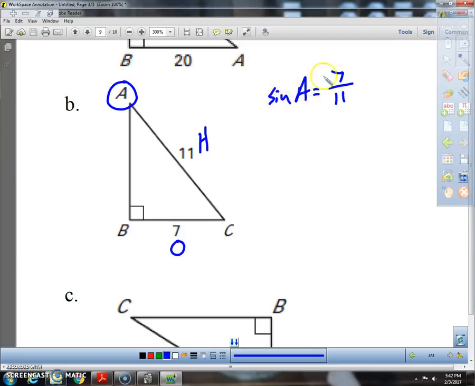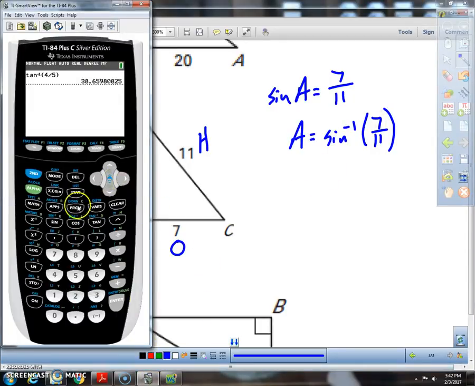All right, if the sine of A equals 7 over 11, A equals the inverse sine of 7 over 11. Type that in my calculator. Second, see the inverse sine, 7 over 11. It's about 39.5 degrees.